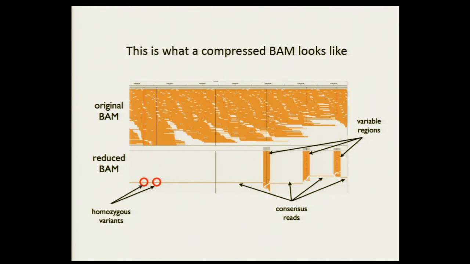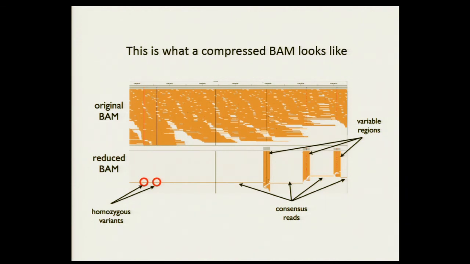In the consensus read, we also add information such as the average base quality score of all the reads that comprised this consensus. We also add an RMS of the mapping quality of all the reads that we use to make this consensus. We also keep the count, the number of reads that participated in this, and we also have a filter of reads that pass the quality requirements to be counted as one of the consensus reads.